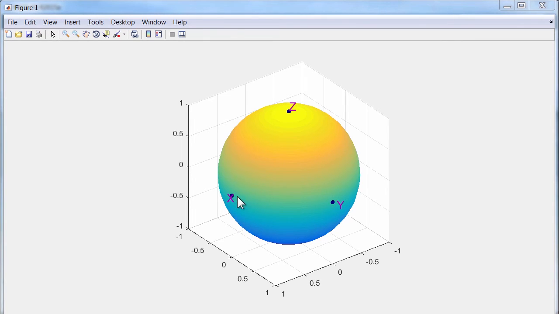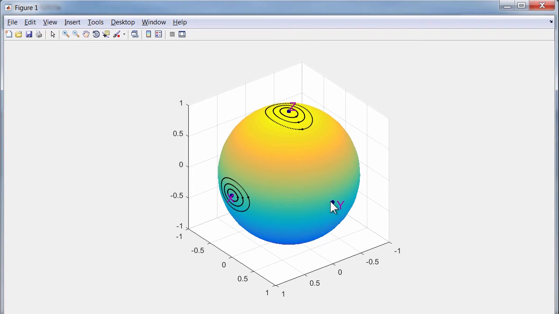If we start with an initial condition near x, the solution orbits around x. That's stable rotation around the short axis. If we start with an initial condition near z, the solution orbits around z. That's stable rotation around the long axis.